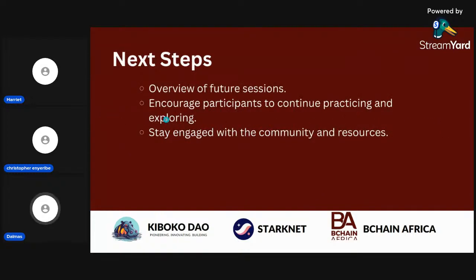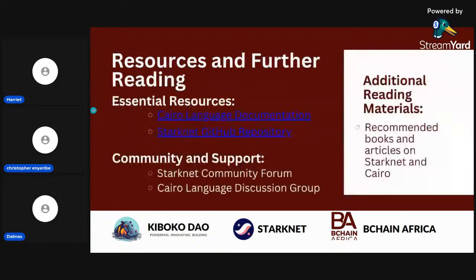So for the future sessions, that's it for today. Just prep well in writing these Starknet smart contracts. Keep coding, keep building, and remember that we have to explore what is unexplored.